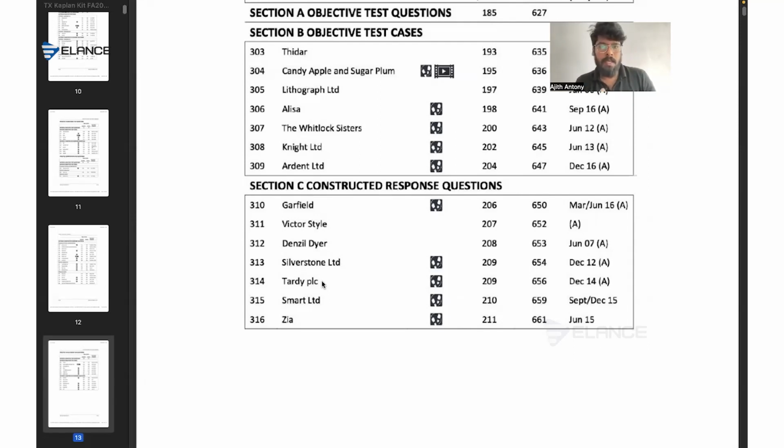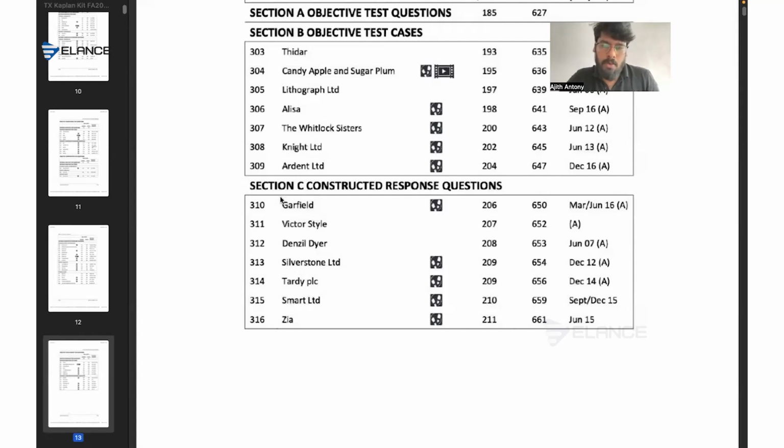Even so, we should practice the questions from section C, because if you solve section C first, you will get an overall picture of the syllabus and its contents. That's why today we are going to do section C questions initially.